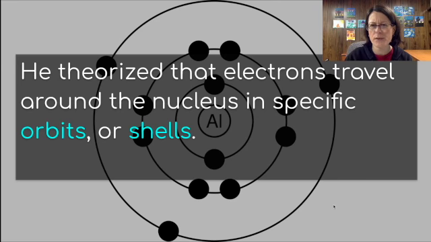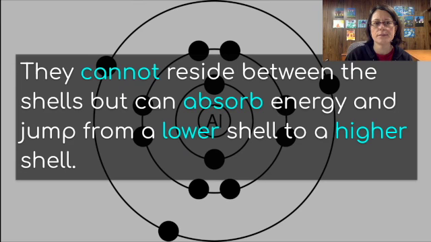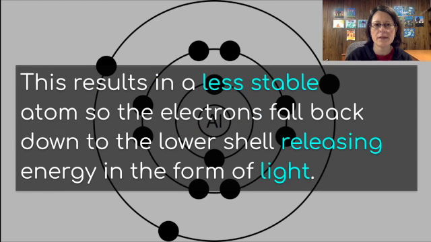This would be more three-dimensional, though, not just two-dimensional. They cannot reside between the shells, but can absorb energy and jump from a lower shell to a higher shell. So he said they have to be on these shells. They have to be on these lines. They cannot be somewhere in the middle.